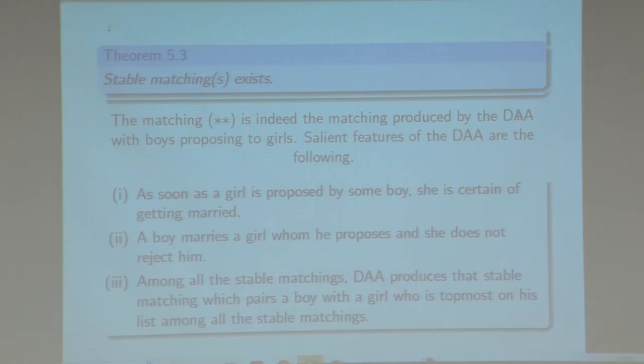There could be several rounds. What is nice about this is, no matter how you approach this whole thing, the final outcome will be the same. It's not per se very clear, but it will be the same. So what is produced by the DA algorithm is unique. The pairing is unique.